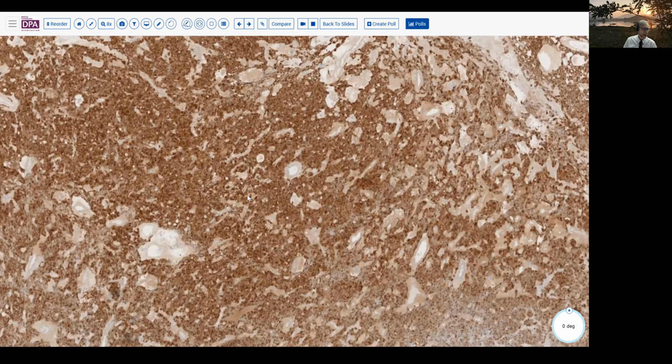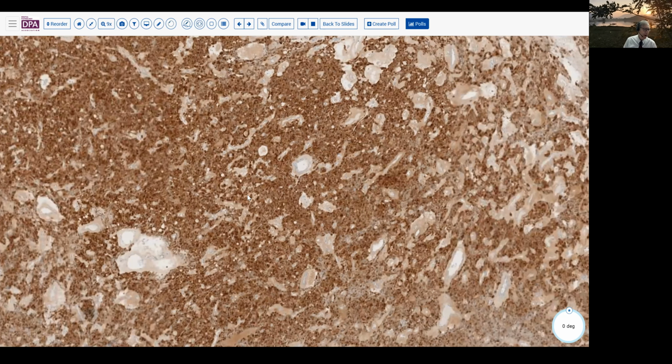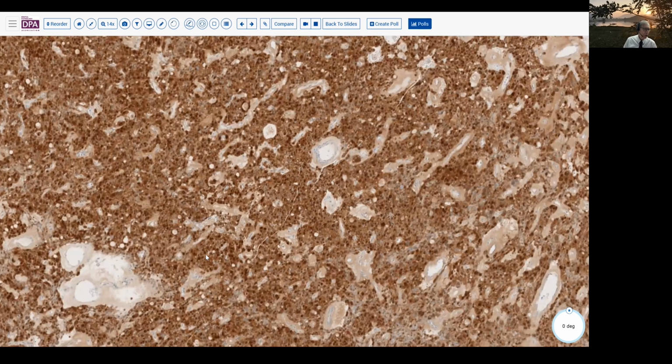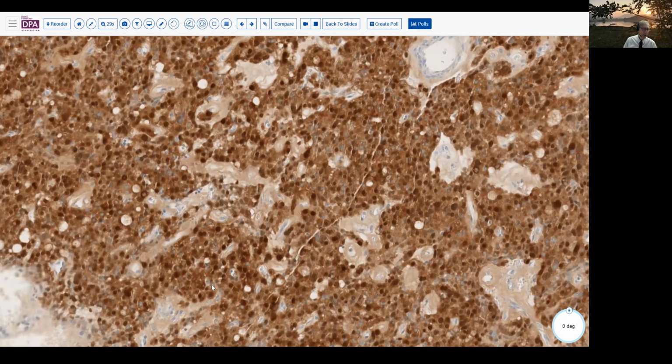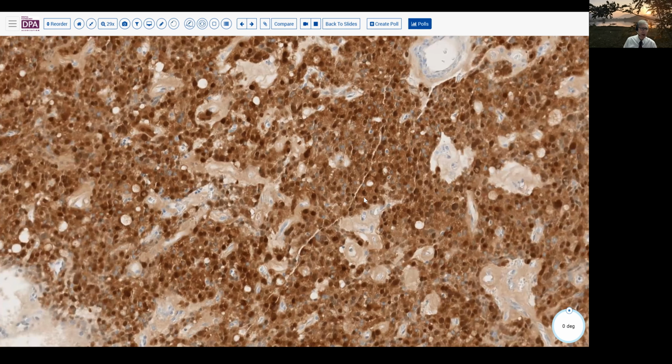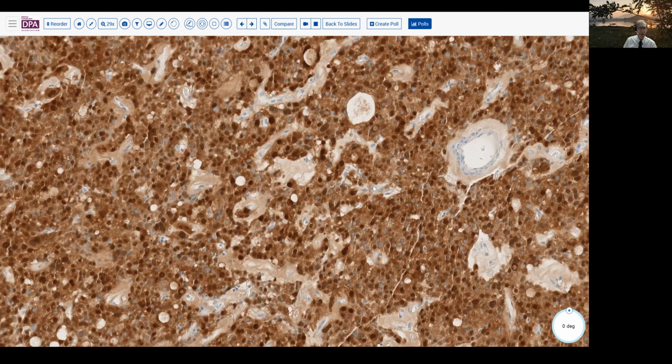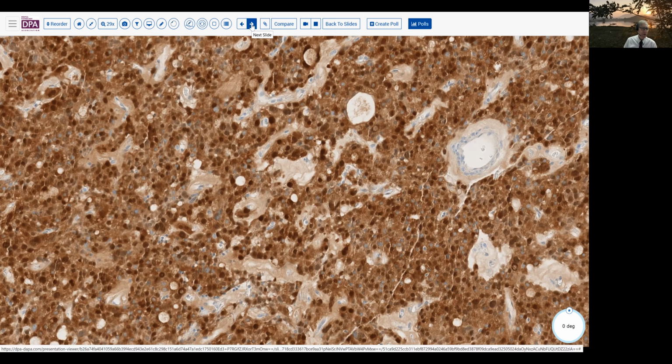This is marking both nuclei and cytoplasm. Many of these tumor nuclei are very strongly positive, as well as the rather diffuse cytoplasmic positivity that we can see from low magnification. So this immunophenotype is quite characteristic of the microcystic stromal tumor.